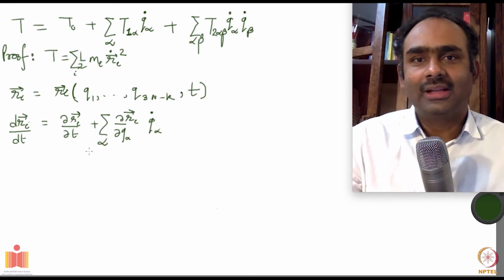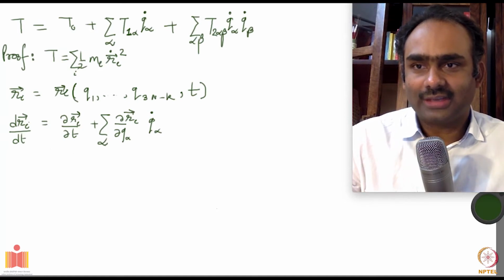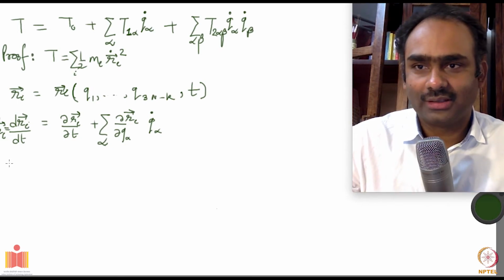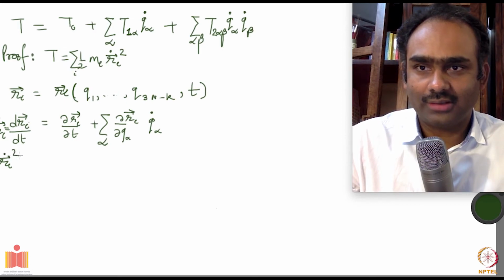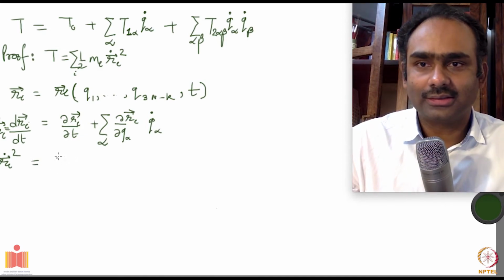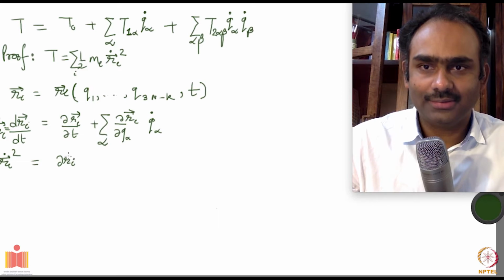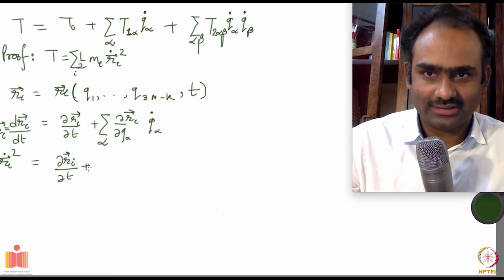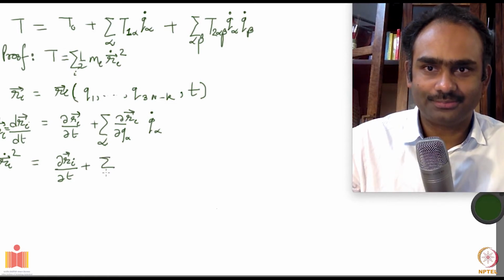That's good. Now I take this, which is r_i dot, and square it. So r_i dot squared, I write as del r_i over del t plus the same thing which you have above.